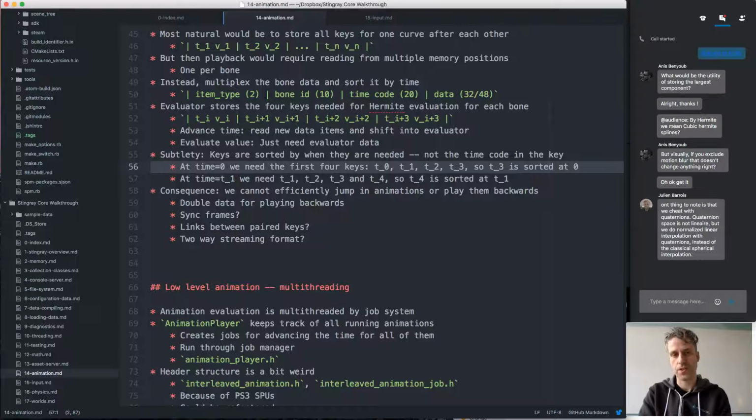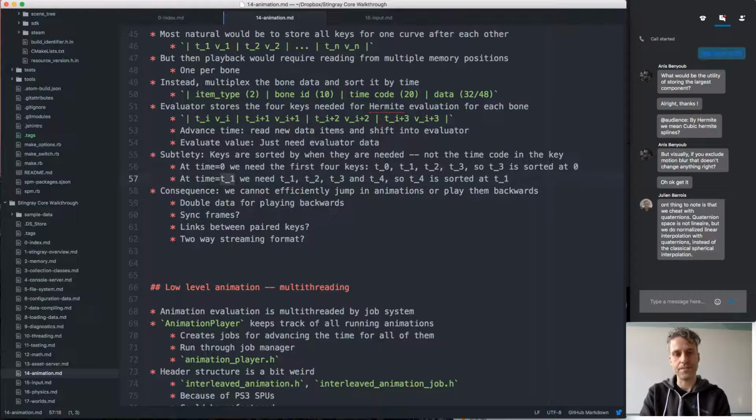When we start evaluating this curve, we need the first 4 keys. So we need the keys T0, T1, T2, and T3, because we need 4 keys to form the polynomial. All these keys are sorted with the sort value 0, because we need all these keys at time 0.